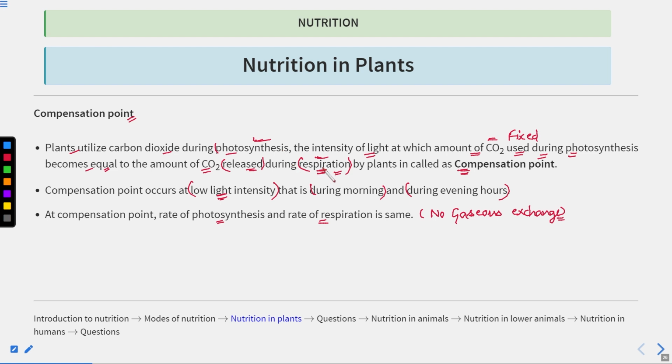The amount of carbon dioxide used is equal to the amount released, means there is no exchange of gases, and the rate of photosynthesis is equal to the rate of respiration. So this is known as compensation point, the intensity of light at which the carbon dioxide used is equal to the carbon dioxide released during respiration.